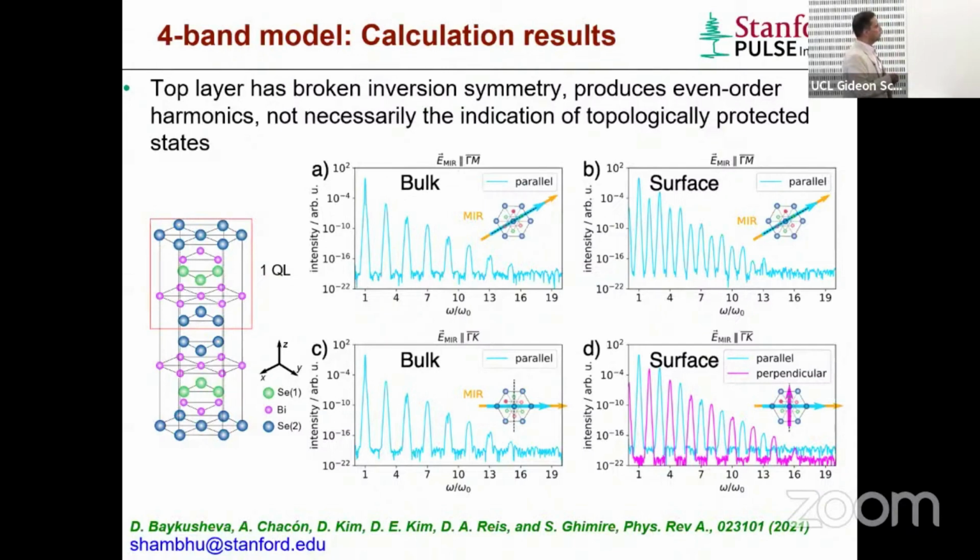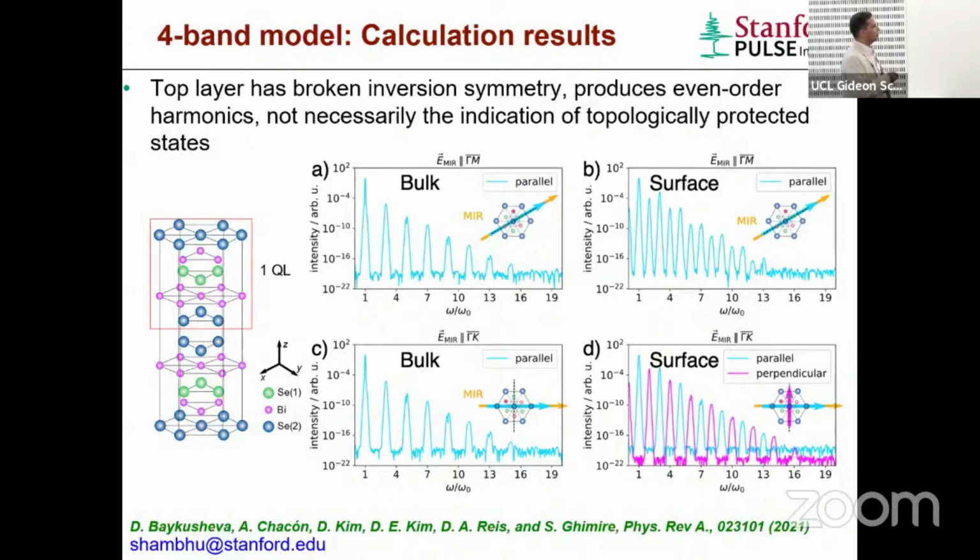And what was interesting to also see is that the polarization of these even orders is quite remarkable, because it depends on the crystal orientation. Particularly when the laser is along this gamma to K direction, the even harmonics flip their polarization.